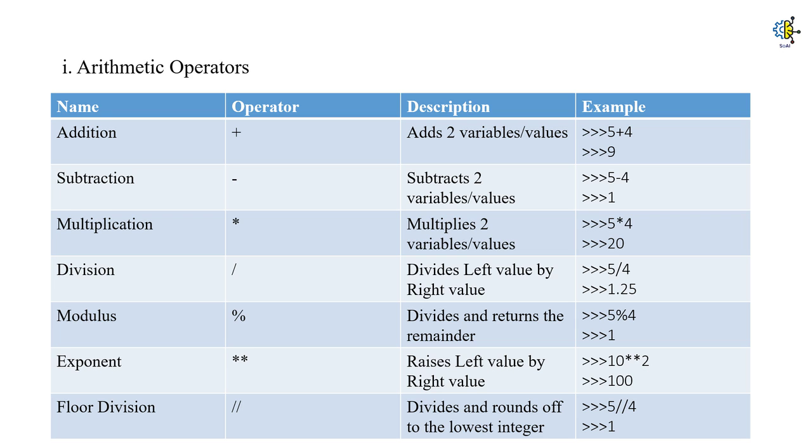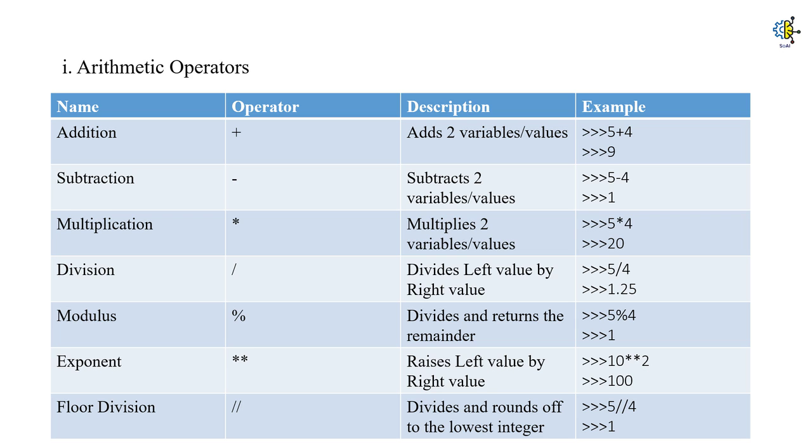As you can see in the example, you can use the minus operator to subtract 4 from 5 to get the value 1. The multiplication operator is used to multiply two variables or values. Use it between the two values as shown in the example to get the value 20, which is what you get when you multiply 5 and 4.